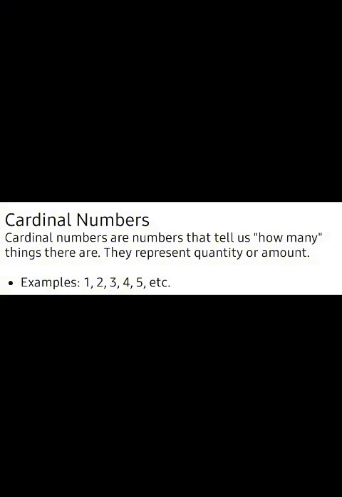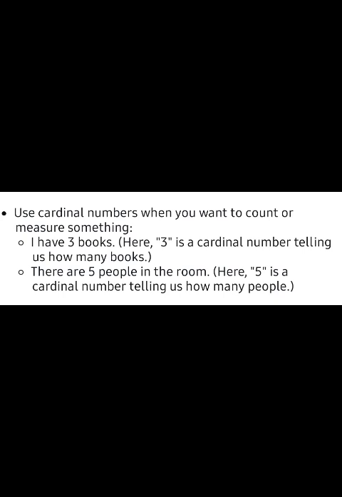These are cardinal numbers because they tell us that we have some amount of things. For example, I can say I have 3 books. The number 3 now is cardinal because it is telling you exactly how many books I have. So that is what a cardinal number is.